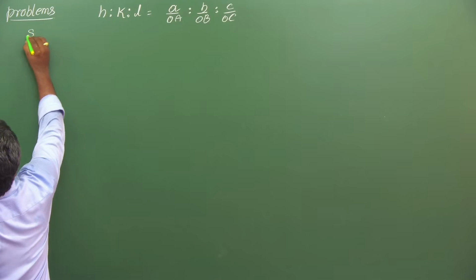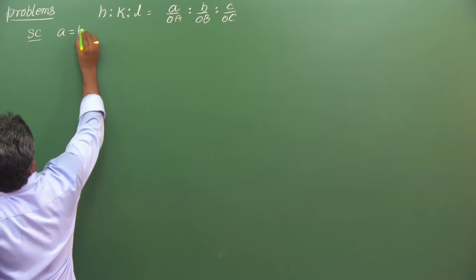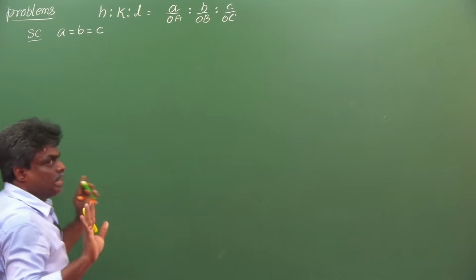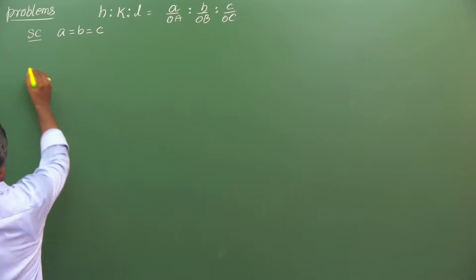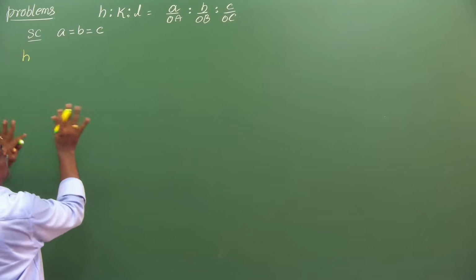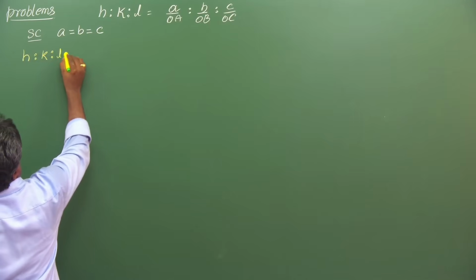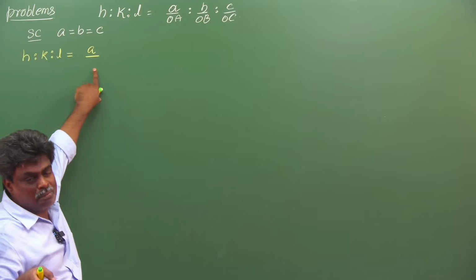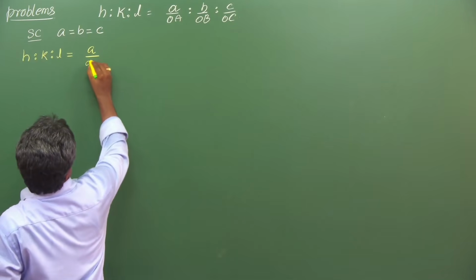So they have given the simple cubic, this is also very important, that means a equal to b equal to c. Whatever the Miller indices problem, please take that ratio. Don't do any other things. A simple step. h is to k is to l equal to a by, he has given parallel to x-axis. That means what is the intercept? Infinity. Say yes or no?